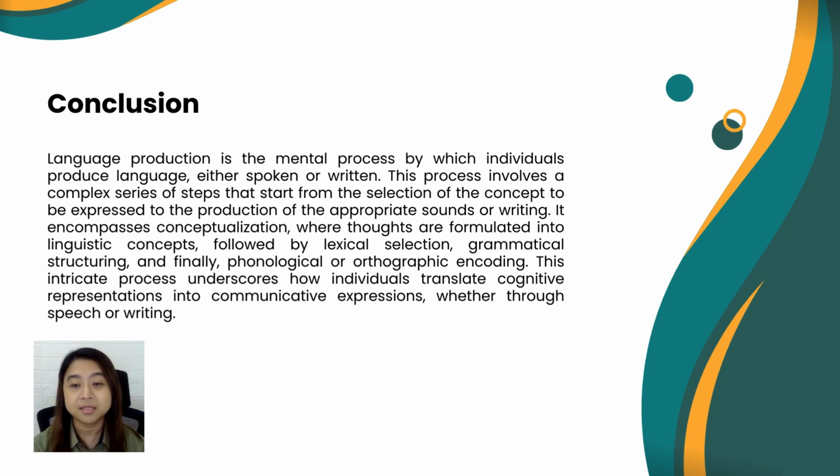The process encompasses conceptualization, where thoughts are formulated into linguistic concepts, followed by lexical selection, grammatical structuring, and finally, phonological or orthographic encoding. This in-depth process underscores how individuals translate cognitive representation into cognitive expression, whether through spoken or written language.